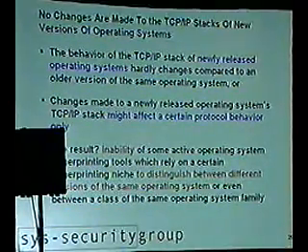Usually the changes that we can see in the stack would be very little, usually only in one protocol's behavior, and if you're not testing for that protocol, then you will not be able to differentiate between the new version of the operating system and an old one.